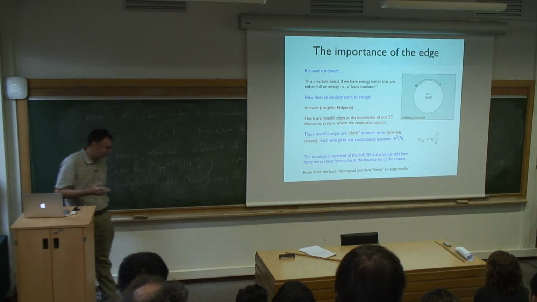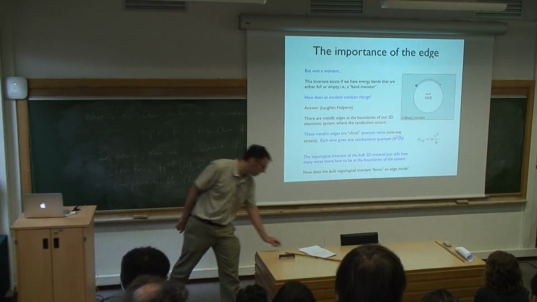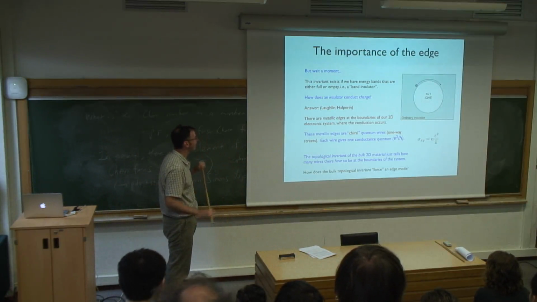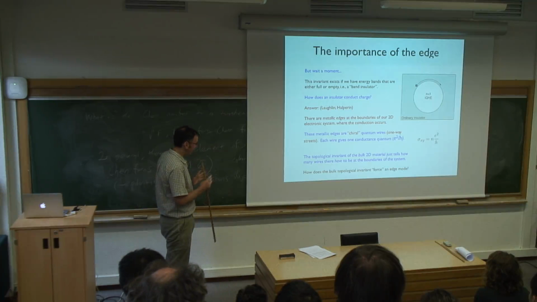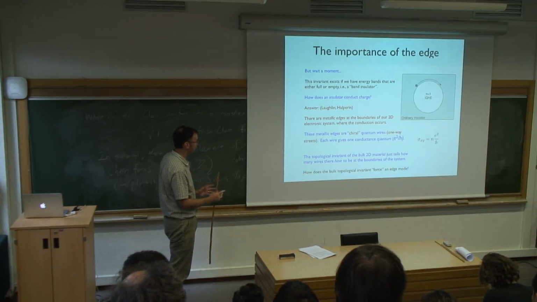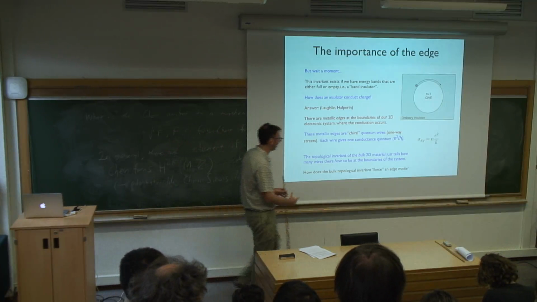Now, another thing I haven't talked about that I should, but I'm going to do it when I talk about topological responses, is that at least for the integer quantum Hall effect, the one we've talked about so far, there has to be an edge state. So in other words, so far we've been talking about insulators.